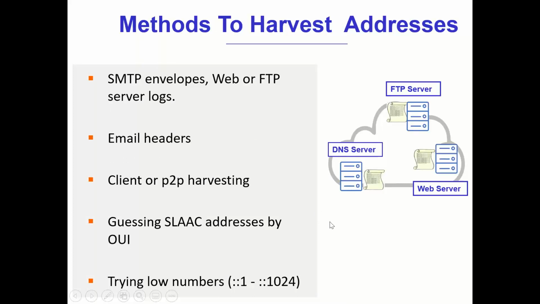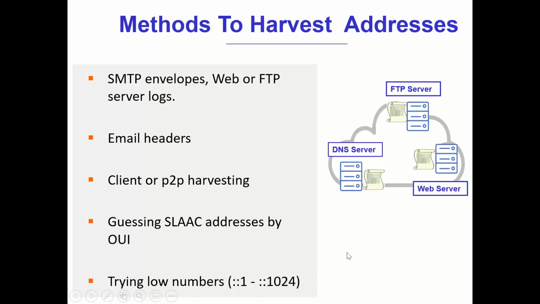What people are starting to do now to harvest addressing: people know IPv6 addresses are going to be a challenge for scanning, but hackers are smart. And so they'll go into other methods: the SMTP envelopes, your server logs, email headers. If you're not using privacy addressing, they'll try to filter by your OUI. We talked about that in the other ones.